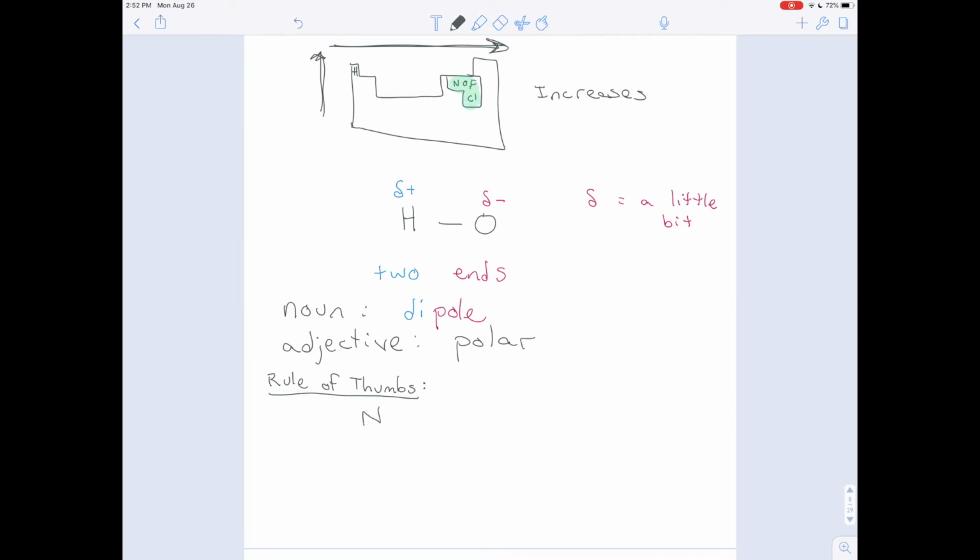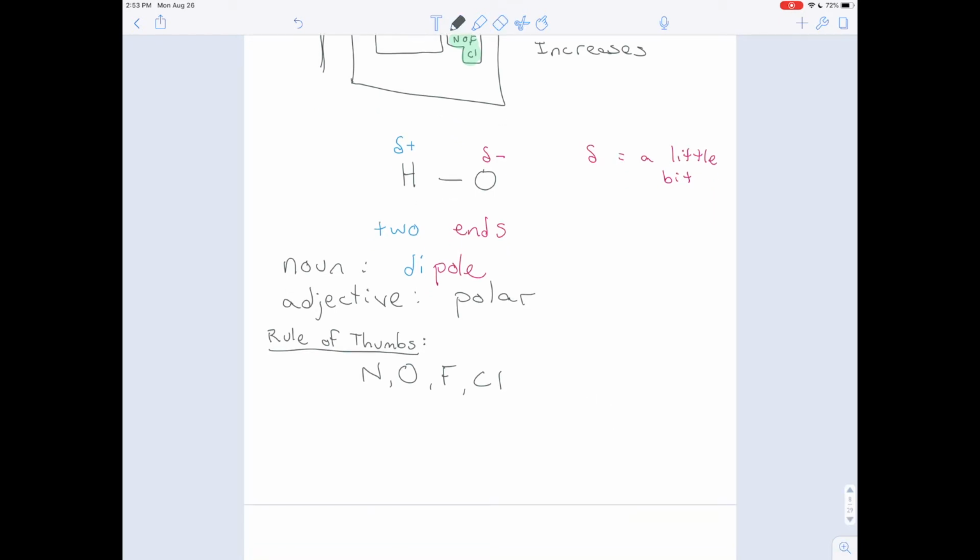So if you have nitrogen, oxygen, fluorine, or chlorine, those atoms tend to become slightly negative, and whatever they're bonded to becomes slightly positive. And we saw an example of that here. Oxygen, really electronegative, steals the electron density for itself, becomes slightly negative, and leaves what it's bonded to, the hydrogen, slightly positive. The other thing you want to watch out for are metals.